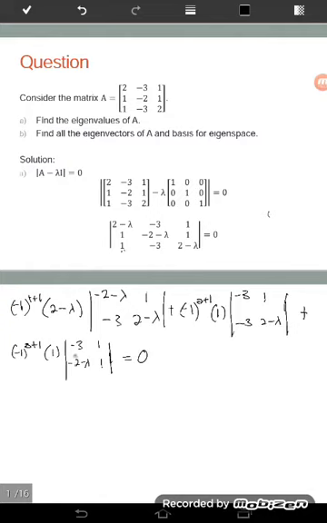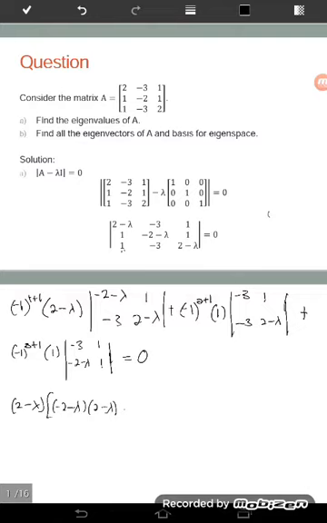Okay, so next, negative 1 power of 2 becomes positive. Left is 2 minus lambda, times determinant of this one. So you will have negative 2 minus lambda times by 2 minus lambda, and then minus by negative 3 times by 1, negative 3.